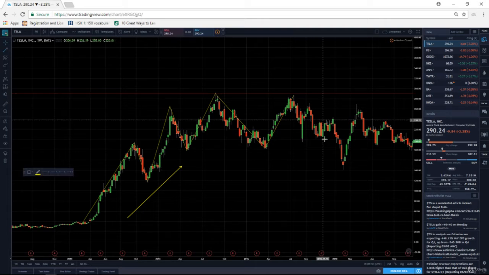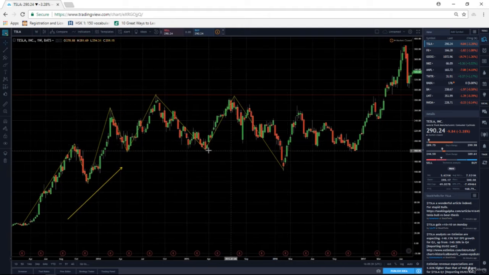Then you draw the lines, and you can see here again, this has no power, and for this loop and this loop there is no power, because the sellers become more aggressive.